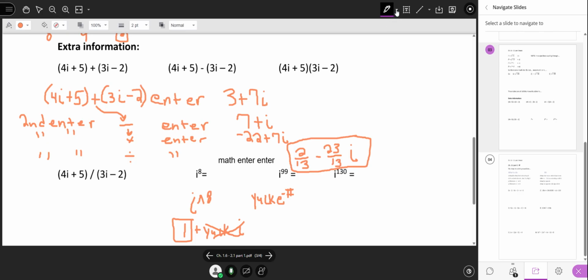Yeah, to a negative number plus, or not plus on this one. It's going to be minus i. Keep the minus i. Throw away the yuck.